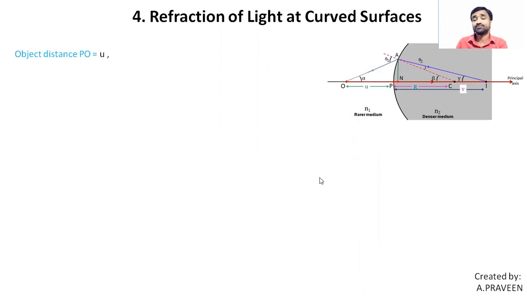Where do you measure that? Between pole and center of curvature. Very good. Between pole and center of curvature, we measure the distance called radius of curvature. One more parameter is V, the image distance. Where do you measure it? Between pole and image point. Right. So the distance between P and I is called the image distance, measured as V. So we got the parameters.